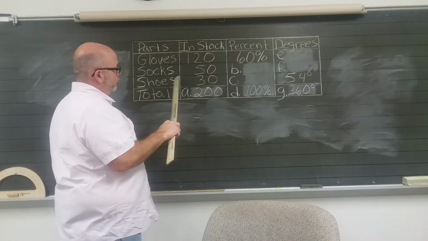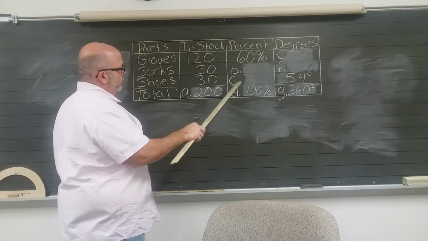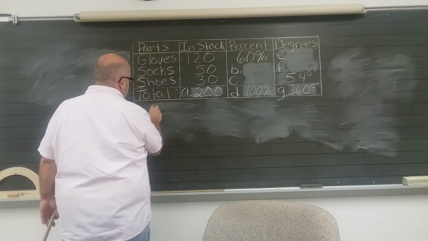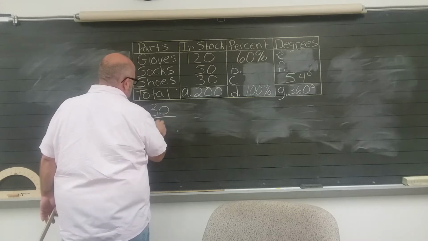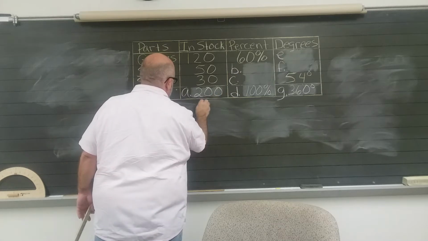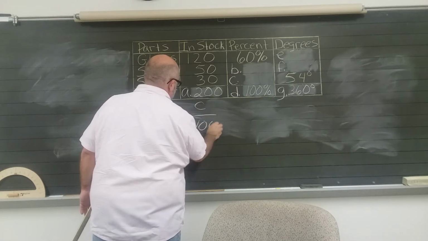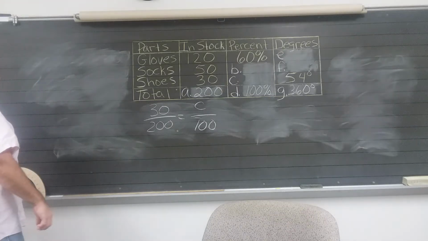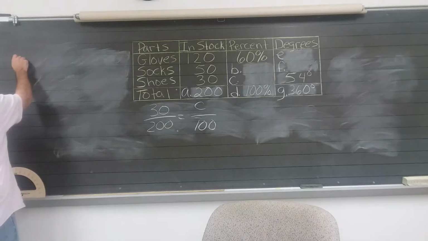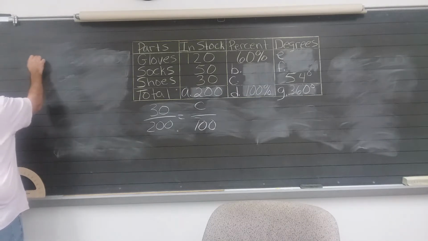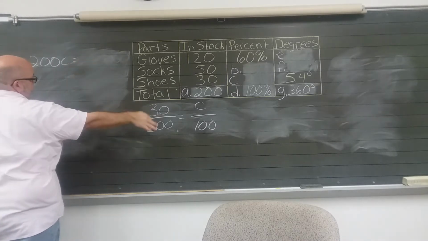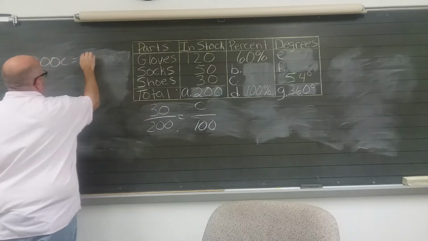So use proportions. Use your shoes. Shoes over 200 equals C over 100%. So your proportion looks like this: 30 over 200 equals C, use that letter if you want to, over 100. All right, and then just solve that proportion. So you have 200C equals 30 times 100, which is 3,000.